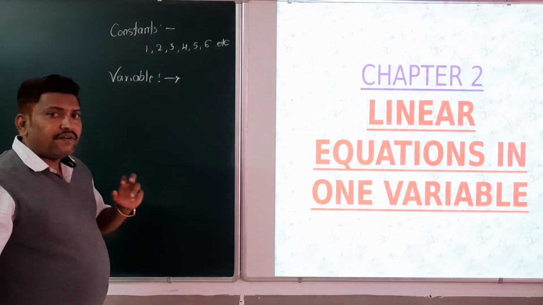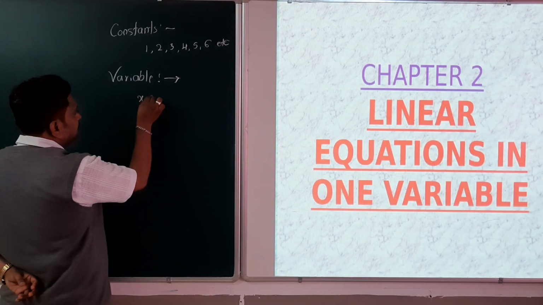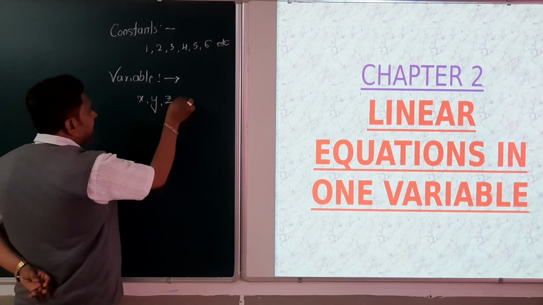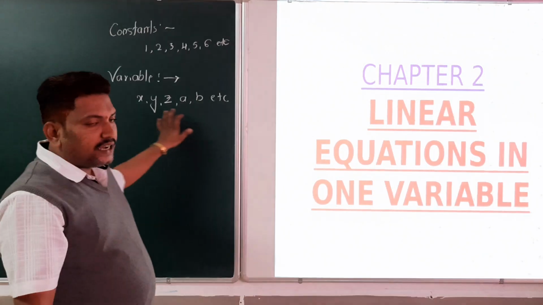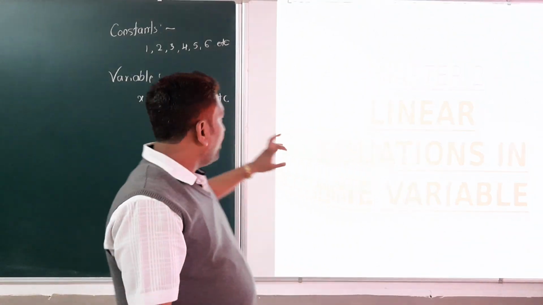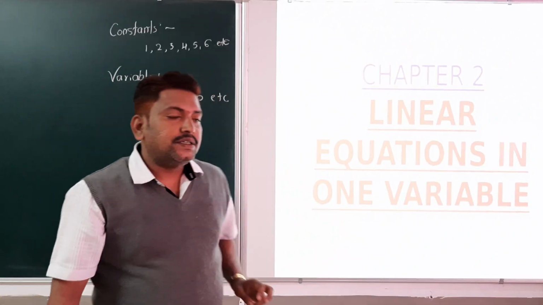For example, we can use alphabetical letters, such as x, y, z, a, b, etc. Such symbols are called variables. These two points are very important.